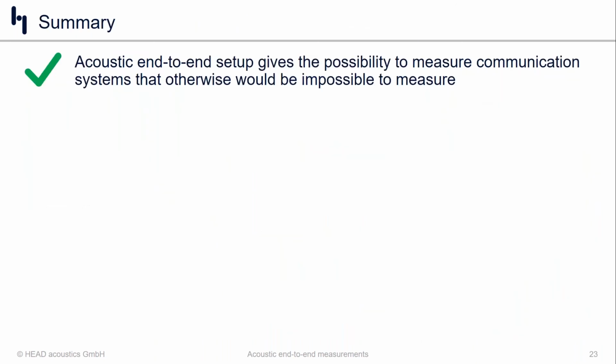Now, let's see if we can wrap this thing up. The messages that we wanted to convey to you today was really that acoustic end-to-end testing gives us possibilities to measure these communication systems that we otherwise couldn't. And we gave some examples of typical scenarios of where we just can't access these devices in the traditional way.